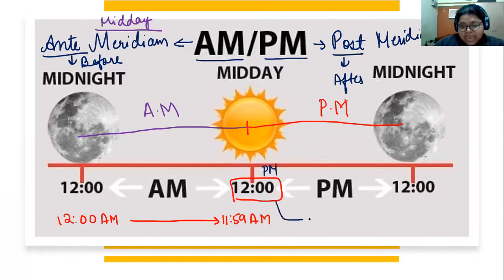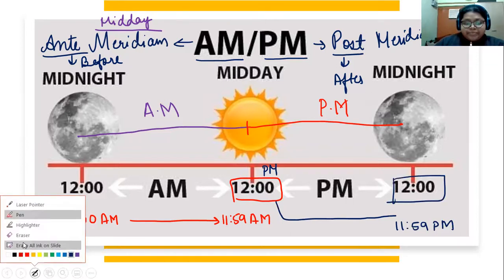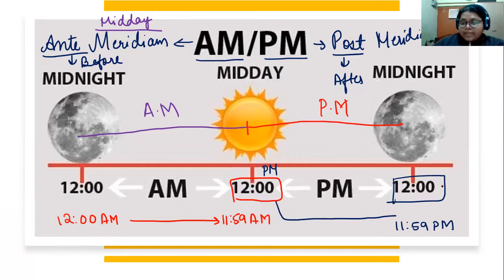So after that, till 11:59, it is PM. But again, when the midnight comes, it would again become AM. So from 12 AM to the next 12 AM, we call it one day.